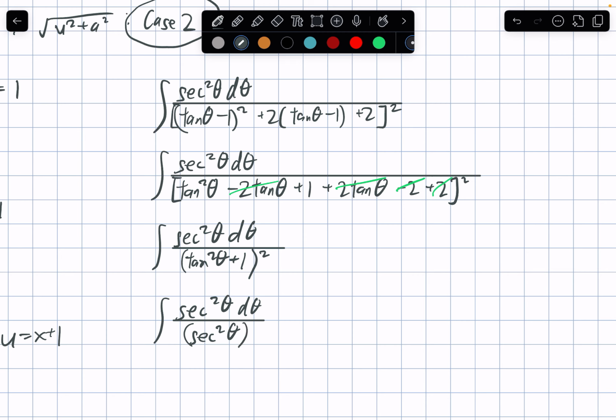Remember the tool. And since this is squared, we can make this raised to 4, the exponent. So we can cancel what's above. This becomes 2. So we have 1 over secant squared theta. We can rewrite that as cosine squared theta.